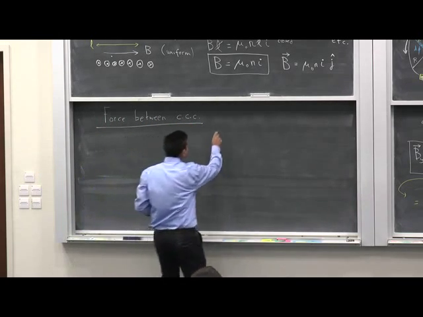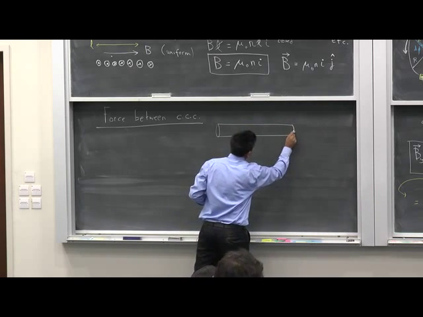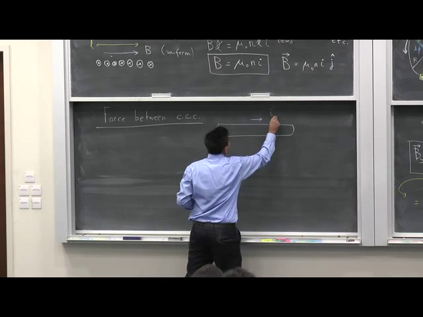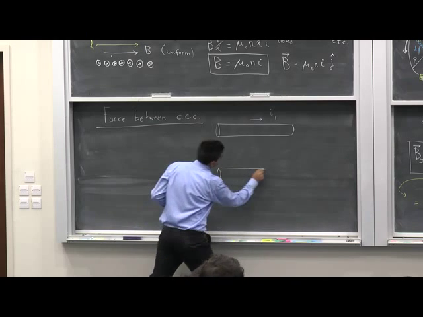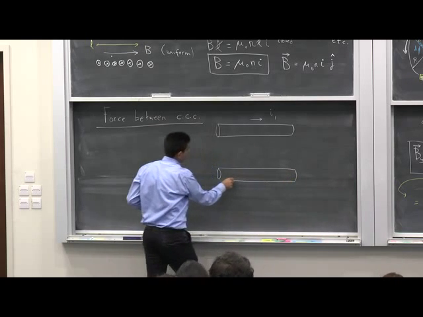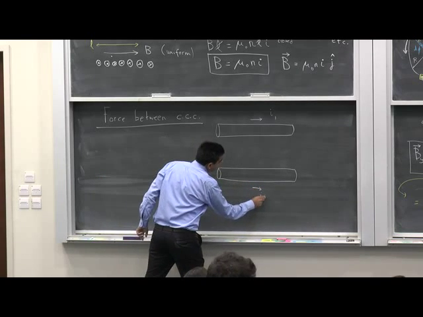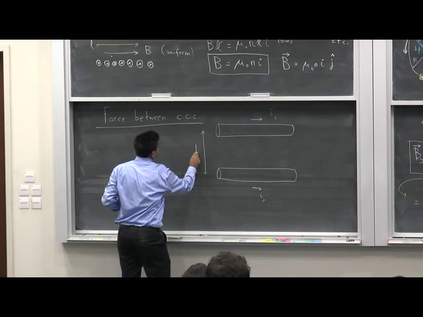Now I have a current carrying conductor that is carrying a current I1, and I have another current carrying conductor that is carrying a current I2. And these are thin conductors, and the distance between them is small d.